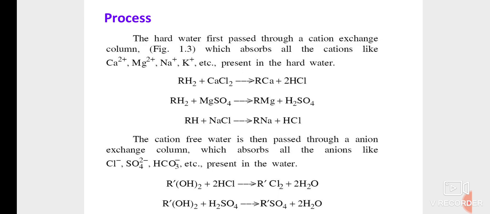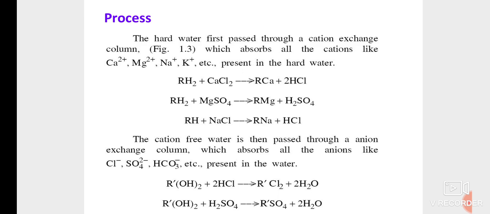Suppose in the second reaction the water contains magnesium sulfate. What will happen? The magnesium sulfate reacts with the cation exchange resin RH2 to form RMg, that means resin with magnesium. The resin absorbs the cation, here magnesium 2 plus, to form RMg, and the H2 reacts with the SO4 2 minus to form H2SO4.